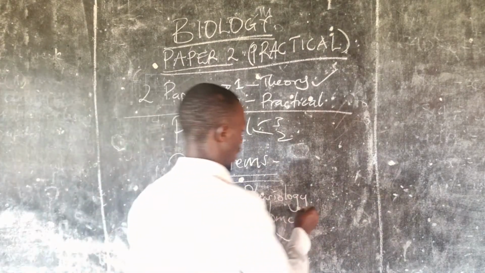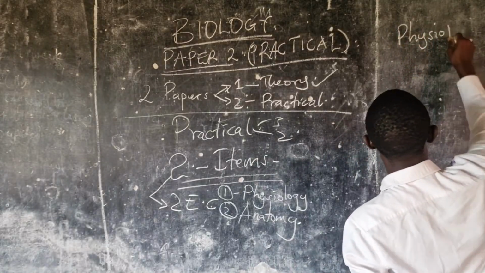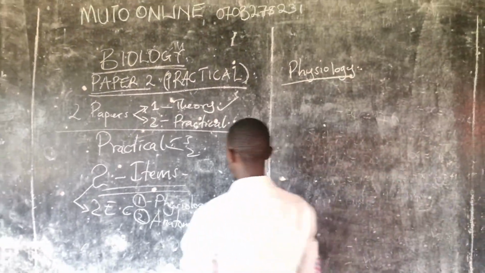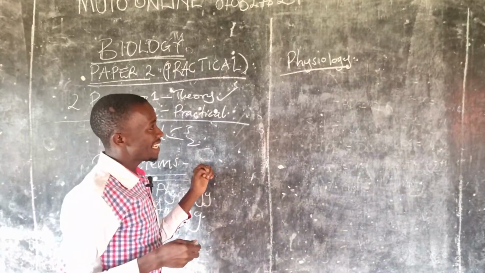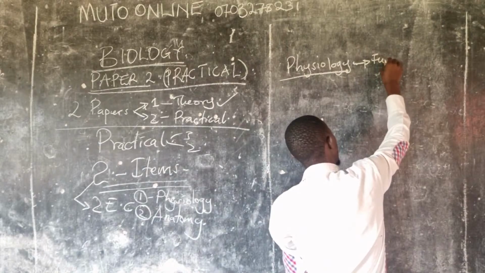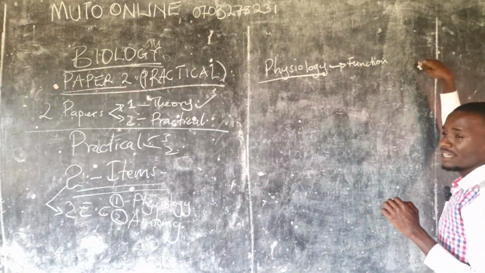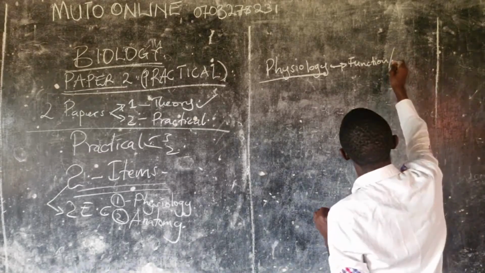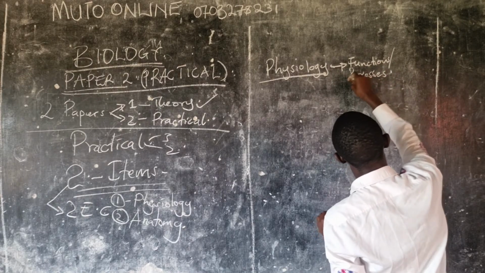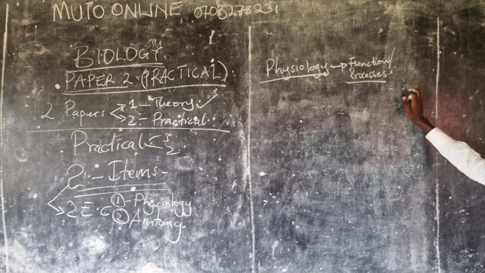So, when we talk about physiology, I want us to break down this practical. When we talk about physiology, we are going to look at the functions of different parts of the animals and plants and the processes that occur in the animal and plant structures.